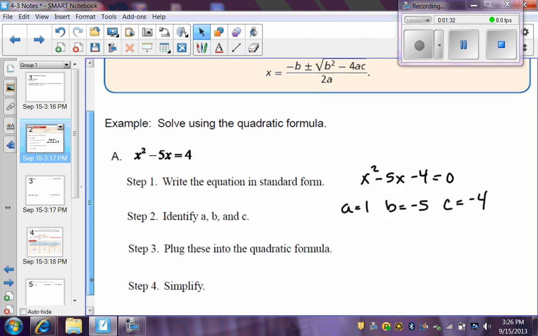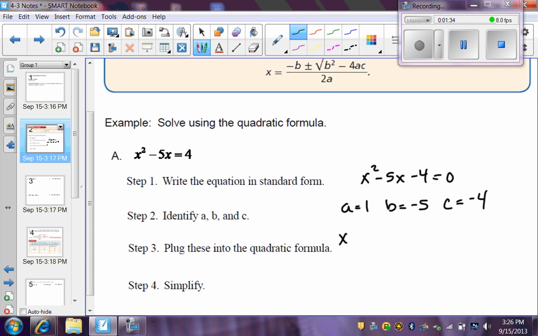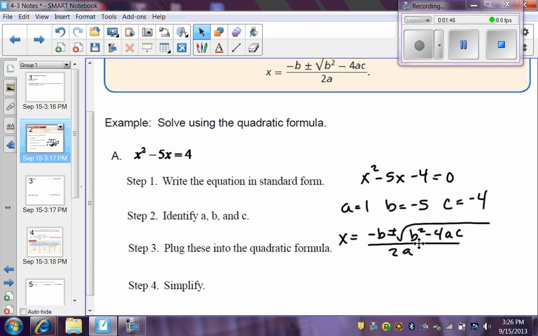Next thing you want to do is, using your formula of x equals negative b plus or minus the square root of b squared minus 4ac all over 2a, plug in these three values.